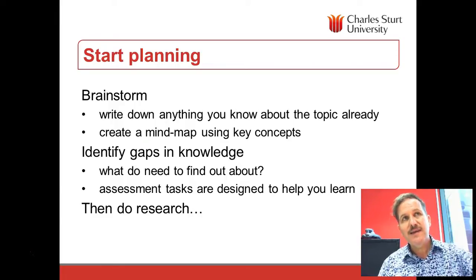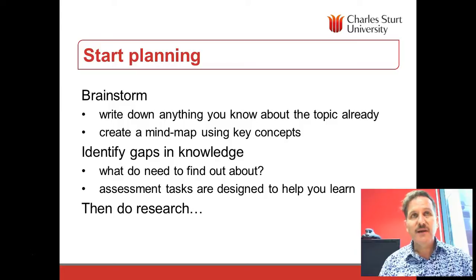It might be an IT software company, or the travel industry, or something like that. So write down what you already know about that topic. Once you've done that, you can identify the gaps, the things you don't know about the topic. And when you understand what you don't know, then you can do some research. And remember, assignment tasks are designed to help you learn, to help develop the skills that you need in the workforce.